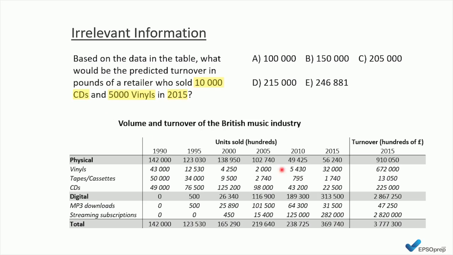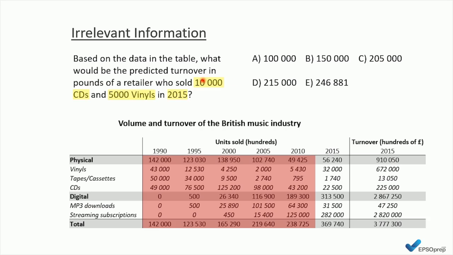So straight away you might notice that this table contains lots of different years. We have 1990, 95, 2000, 2005, 2010, 2015. But according to the question text, the only year we're interested in really is 2015. So we can immediately exclude all of this information here.